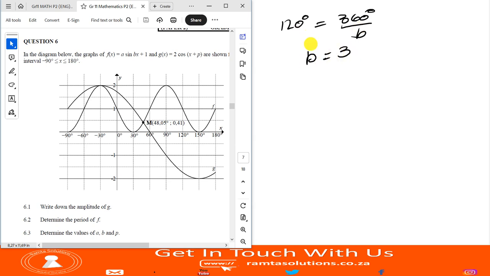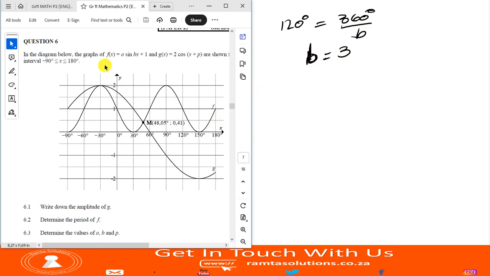It's 3. Guys, I am able to tell that the value of B is 3. But I want you to convince yourself that we can also find it using a formula that we know. So B is equal to 3.